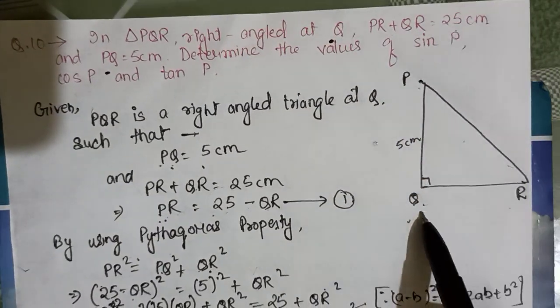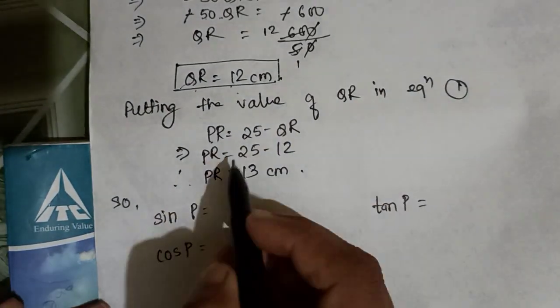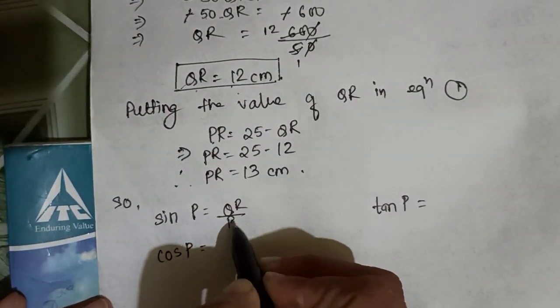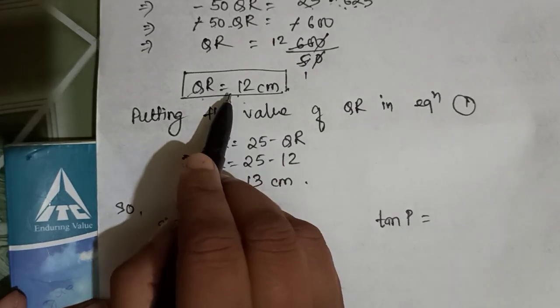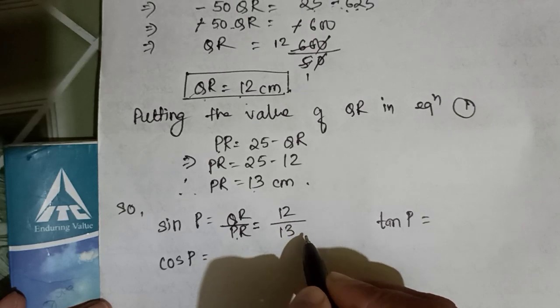From P, opposite will be QR and hypotenuse is PR, so QR by PR. QR we have 12 and PR we have 13. So this is for sin P.